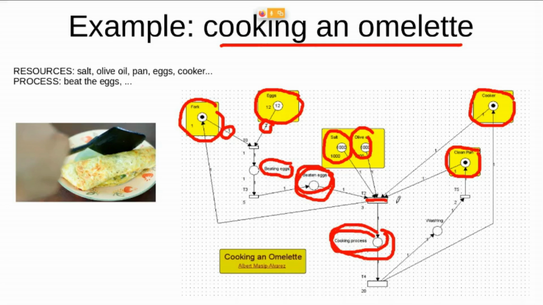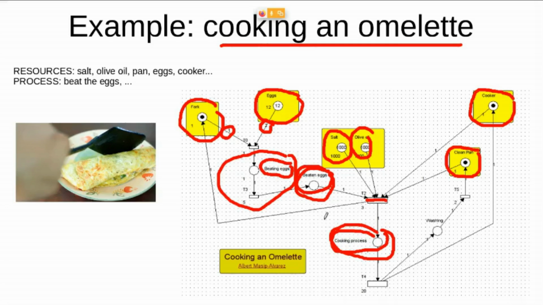Okay? But this is not a deterministic time. So keep in mind, in discrete event systems, you do not have deterministic processes. You have processes depending on probability. Because, for example, beating the eggs, maybe you beat the eggs so quickly, with high intensity.